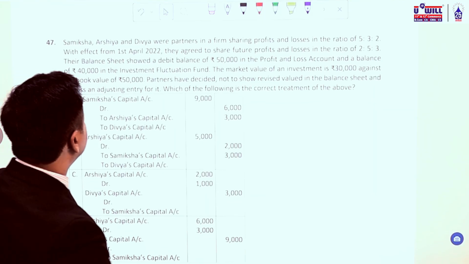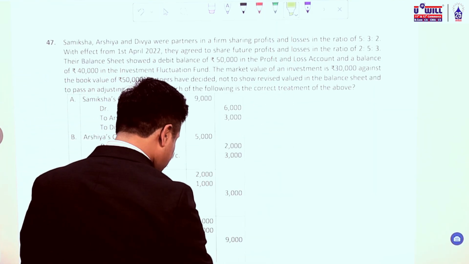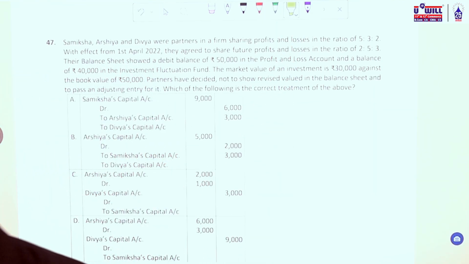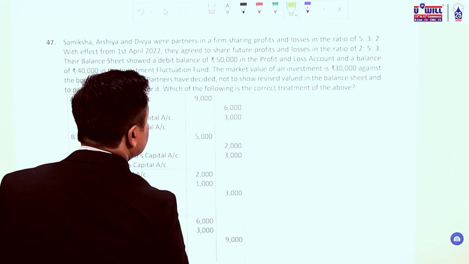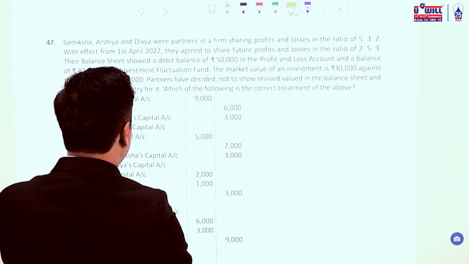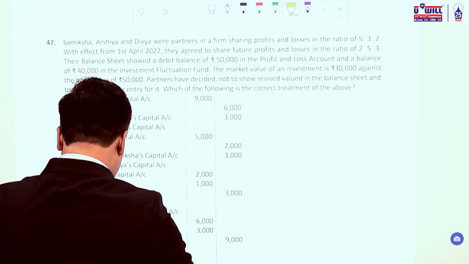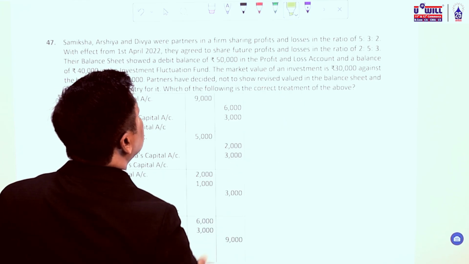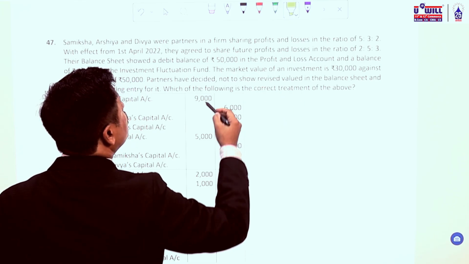47th question, a big question. Look at it. Samiksha, Arshia and Divya were partners in a firm sharing profits and losses in the ratio of 5:3:2.